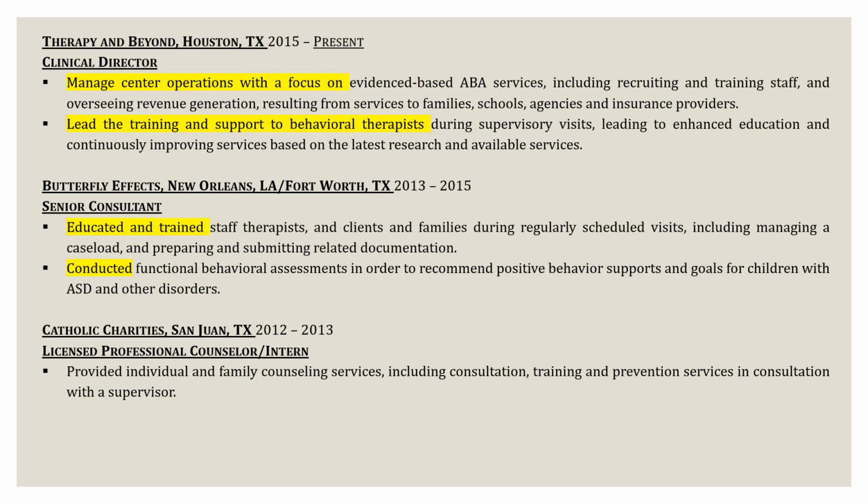So those are other examples of a combination of both administrative and clinical role that someone might have in a center or agency. And then the last one, provided individual and family counseling services, including consultation, training, and prevention services in consultation with the supervisor. So you can see how just one line can encompass quite a lot that that person did there.